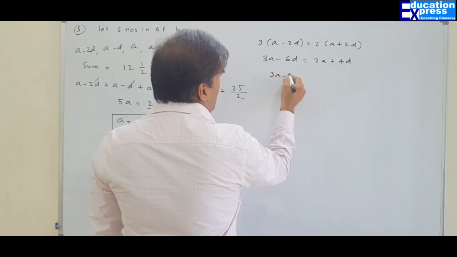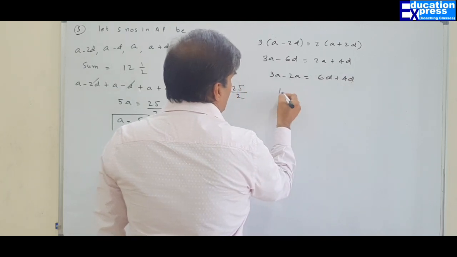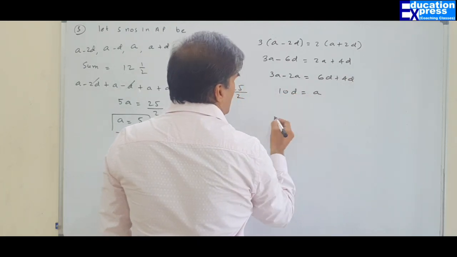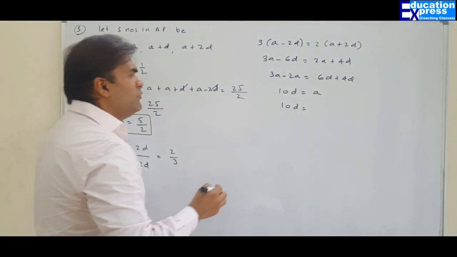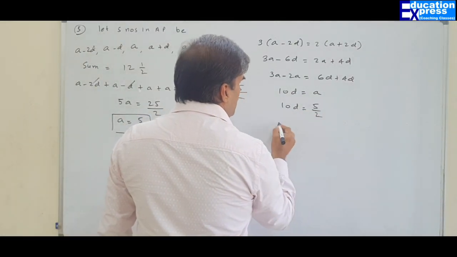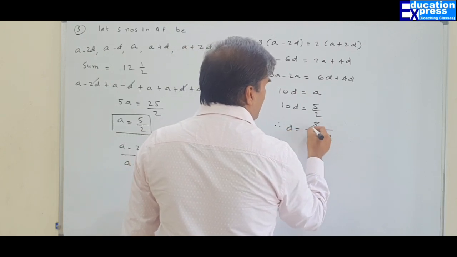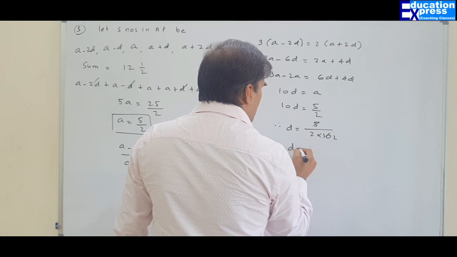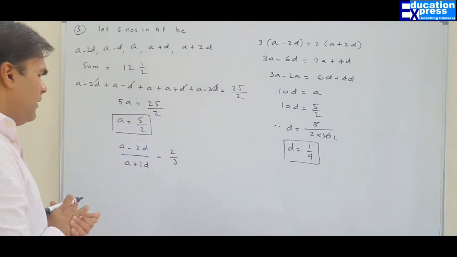So 3A minus 2A will be 6D plus 4D. 10D equals A. You already have the value of A as 5 upon 2. Therefore, D equals 5 upon 2 into 10. So I found out the value of D as 1 upon 4.